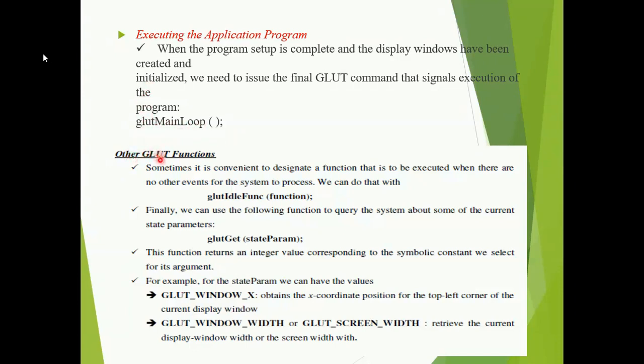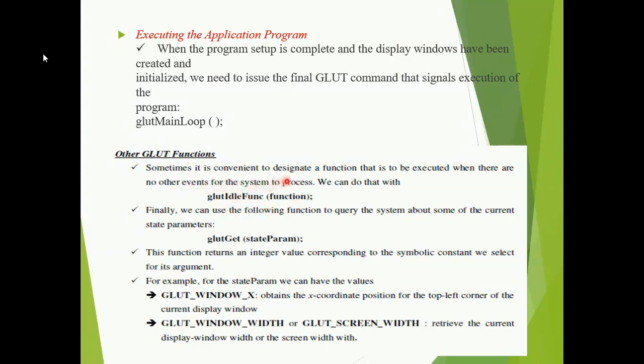Next, some other additional glut functions we also have, and we will have to be familiar with these. That is the glutIdleFunc function, with a function in the bracket. When will this be called?